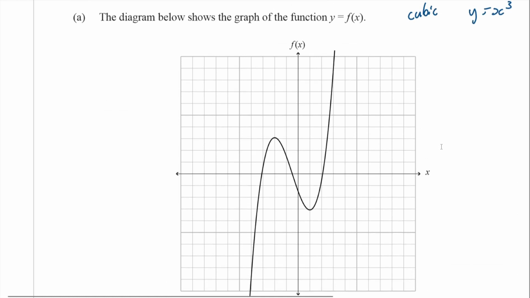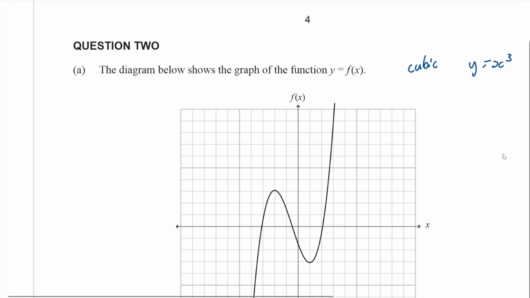Alright, before we even think about the sketch, let's just do it as we normally would if we knew the equation. So if our original function was y equals x cubed, the derivative would be 3x squared.